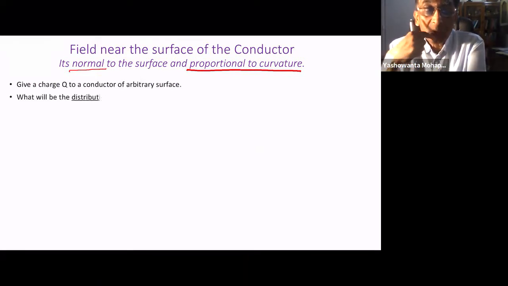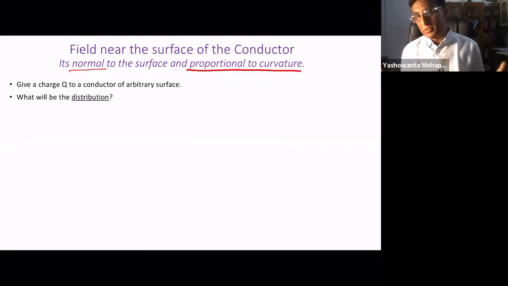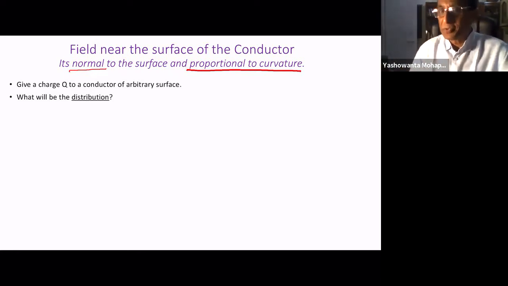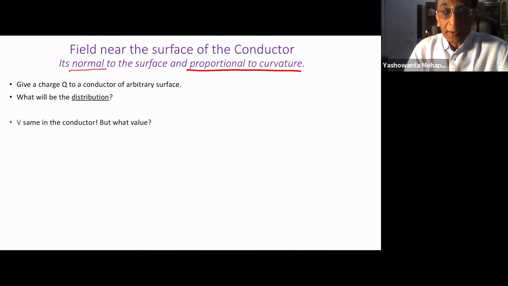How do you answer the question, what will be the distribution? It's not an easy task. It's a pretty hard task in electrostatics. In fact, most of the equations that you solve are to figure out what will be the distribution. But some qualitative things we can say.